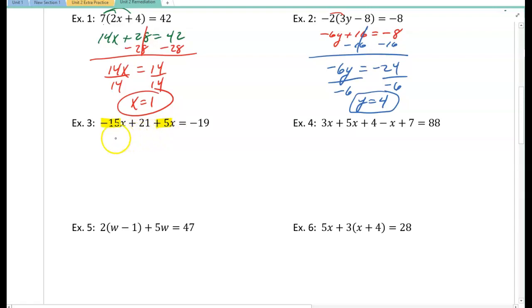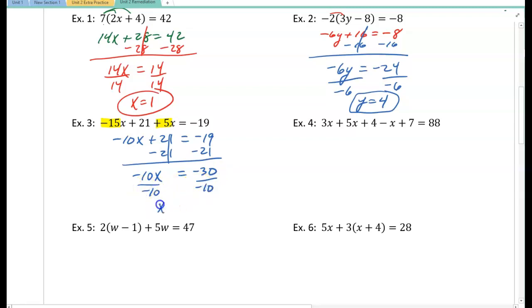Negative 15x plus 5x is negative 10x plus 21 equals negative 19. Now I'm going to solve this two-step equation by first subtracting 21 from both sides. So negative 10x equals negative 30. Then I'm going to divide both sides by negative 10. And that would give me x equals 3.